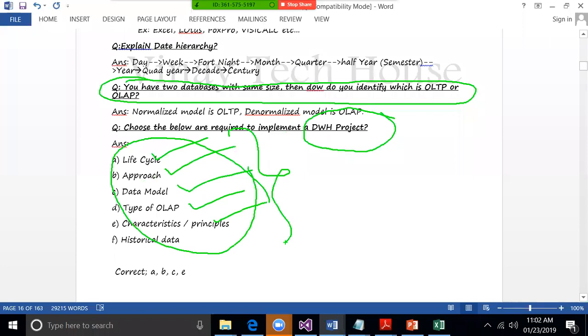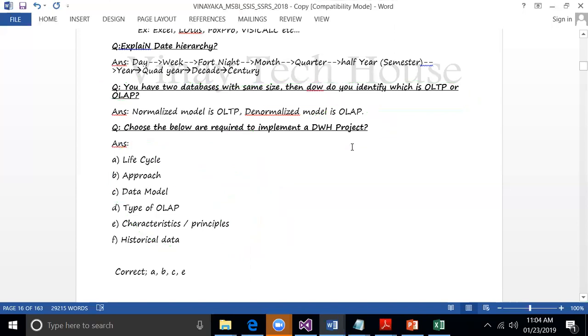Got it? So 4 characteristics by Inmon. There is one more person called Kelly. Kelly has given some more characteristics. Later we will see in the detailed discussion. This is brief, and if you want to put below 3 or 4 years, it is more than enough. But you should have strong knowledge on this. Clear? That's it.